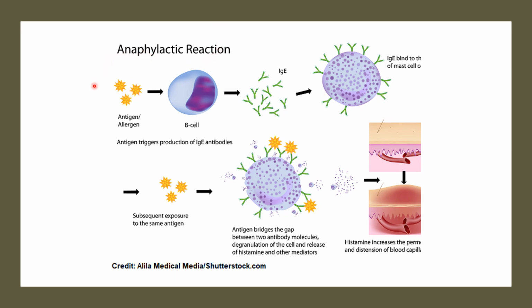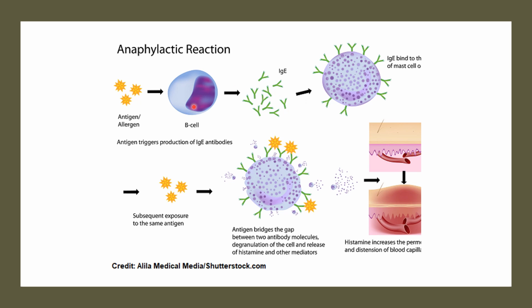In this diagram, we have the presence of an allergen that will serve as the antigen. This particular allergen will trigger the production of IgE antibodies by the B cells. Then, the antibodies will attach to the mast cells or basophils and wait for the second exposure.